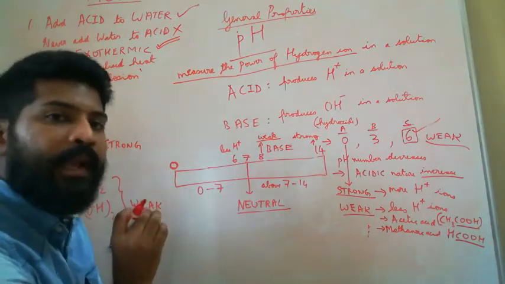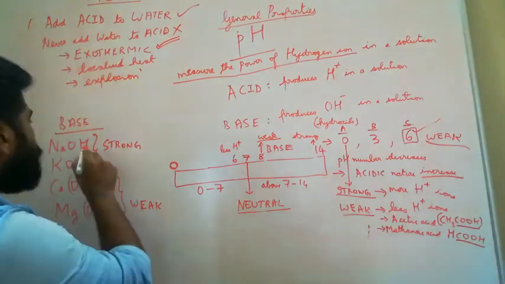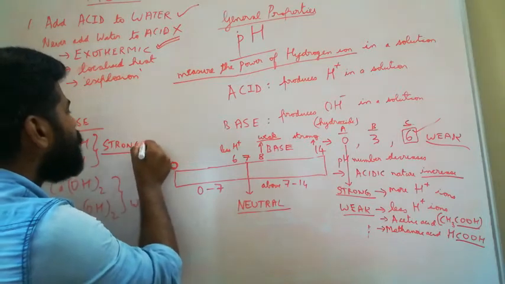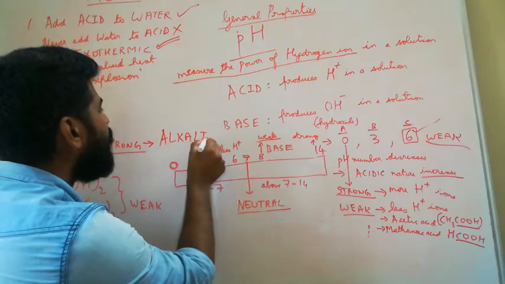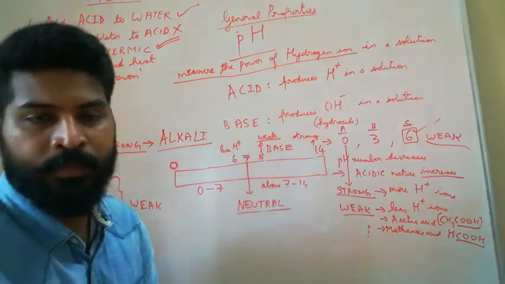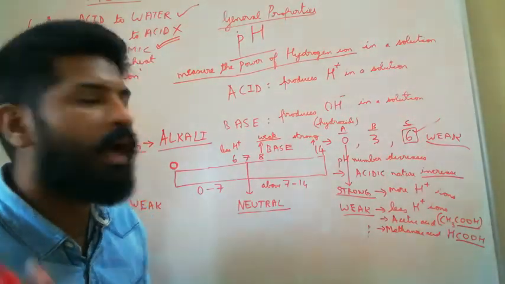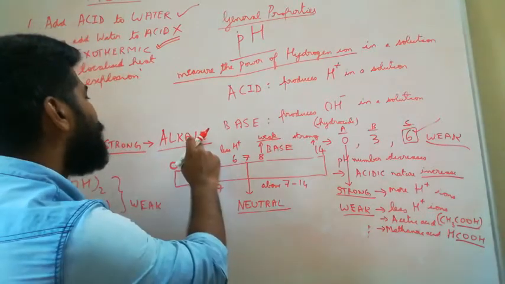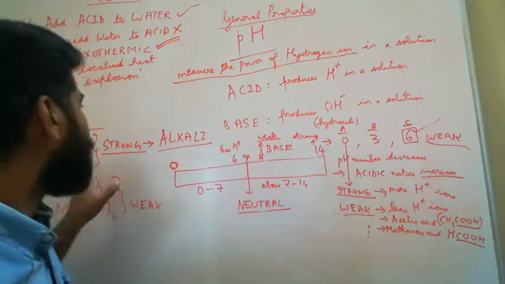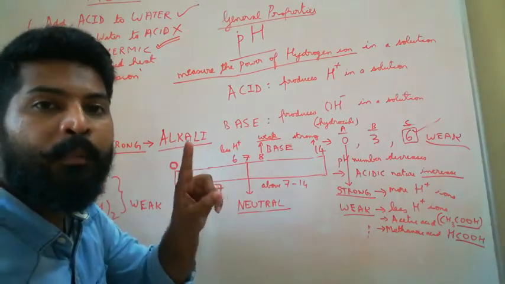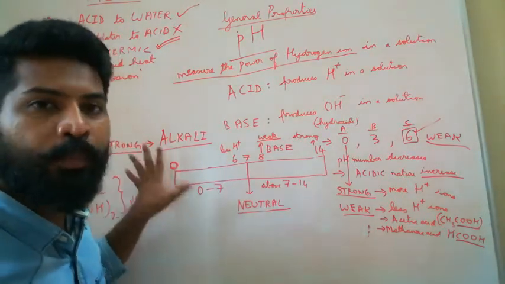Weak bases do not dissolve completely in water, whereas strong bases dissolve completely in water, and these are what are called alkali. That is, bases which are completely soluble in water are called alkali. Sodium hydroxide, potassium hydroxide, lithium hydroxide, etc. are examples. All group 1 metals are called alkalis because they produce strong bases.